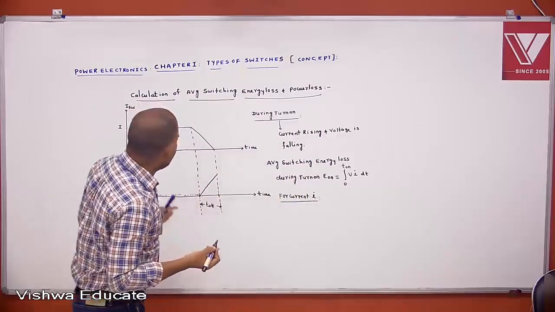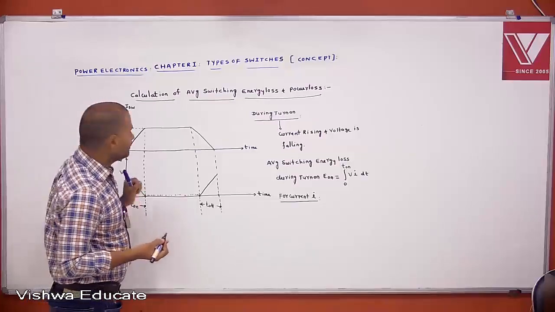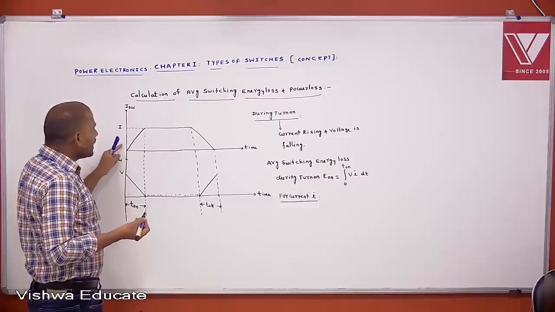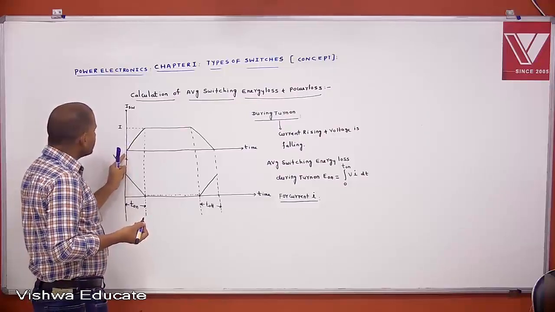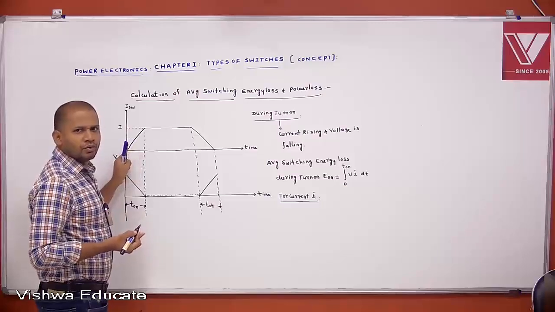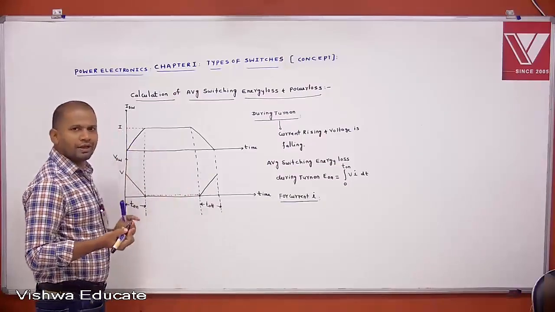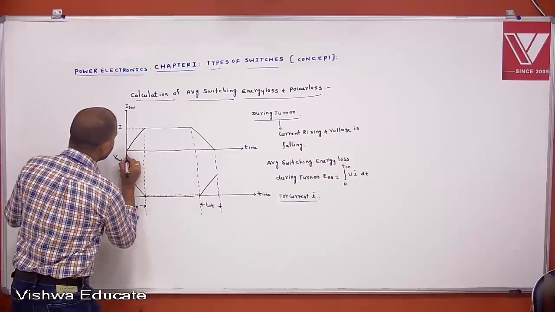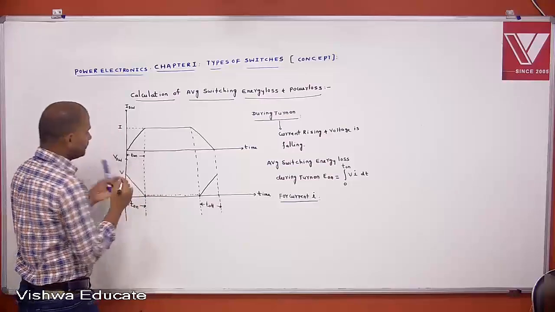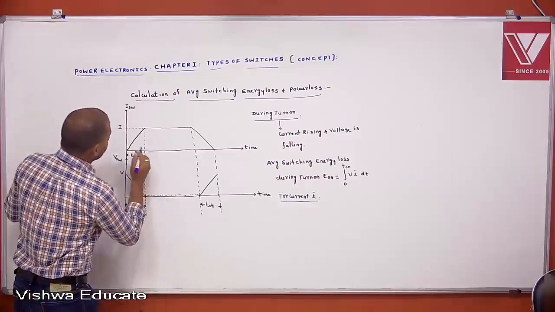Directly also you can write. It is just like it is passing through origin, so you can use the y equal to mx formula and from that write the expression for I. That is one method. Let this be during T on.